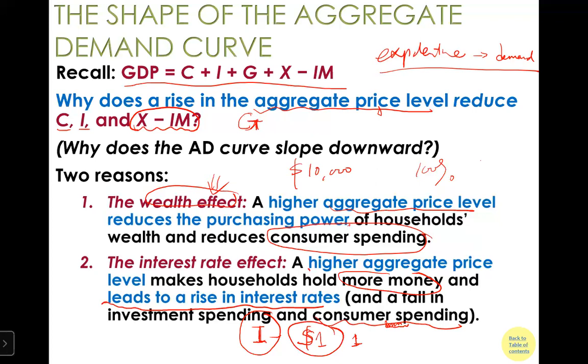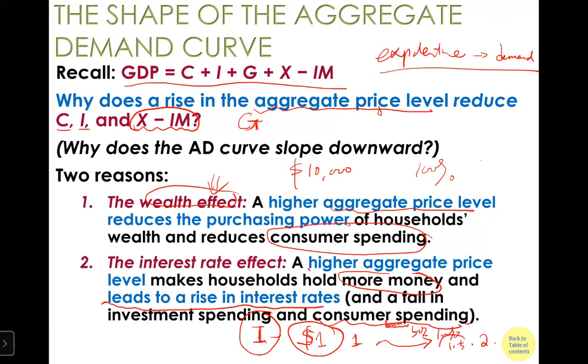Now say the interest rate increases from 50% to 100%. Now you can afford 2 bottles of water if you postpone your purchase, instead of 1.5 bottles.